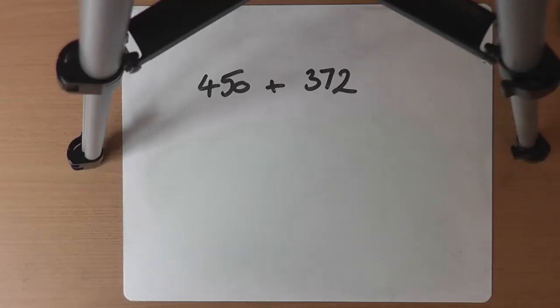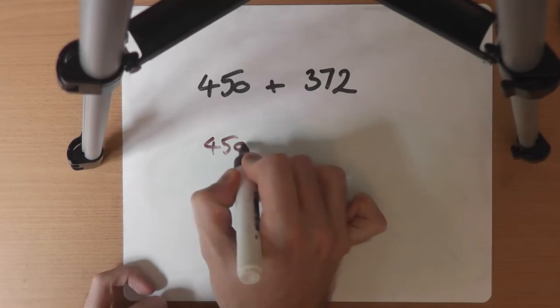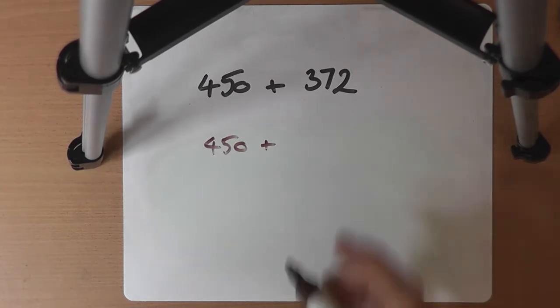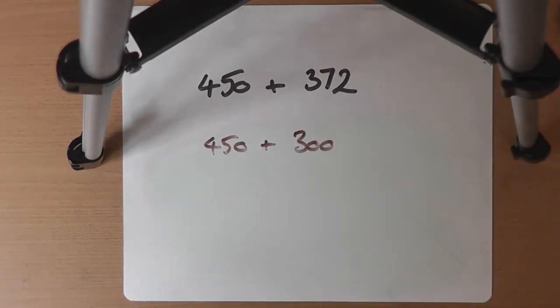Your next option might be to take one of the starting numbers, perhaps the bigger one, although it doesn't really matter. Perhaps we take the bigger one to start with, and then we're going to add on chunks of the other number. We could, for example, add on the 300 part of the next number, 450 plus the 300, and build up to it that way. Well, 450 plus the 300 would be 550, 650, 750.